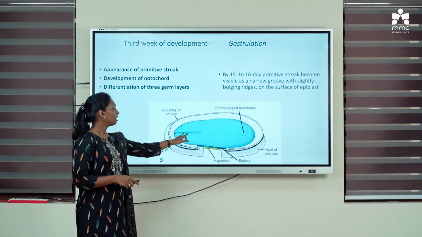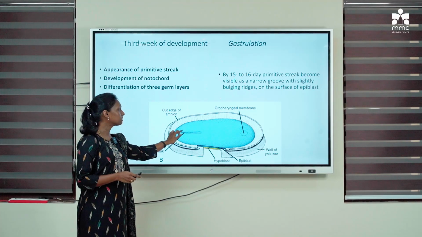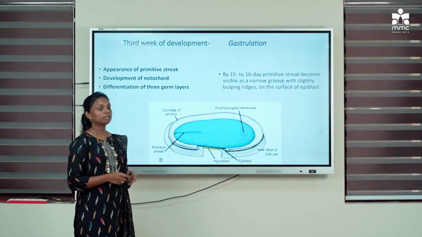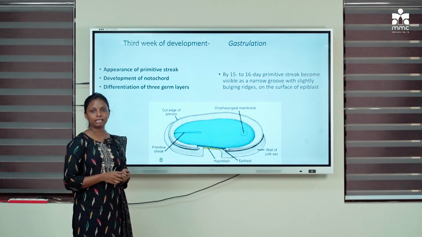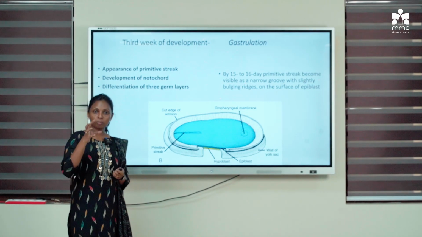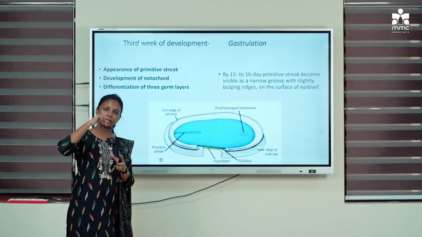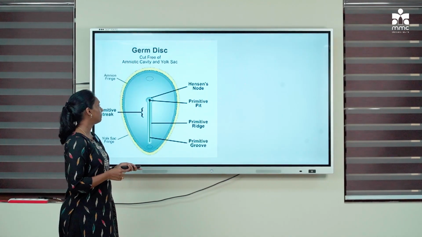This primitive streak is a narrow groove. On either side there will be a slight elevation. The cranial end of this groove shows a knob-like elevation which is called the primitive node. This knob-like elevation shows a central depression which is called the primitive pit.